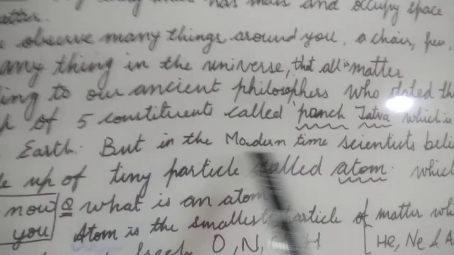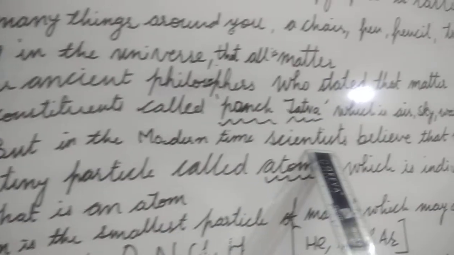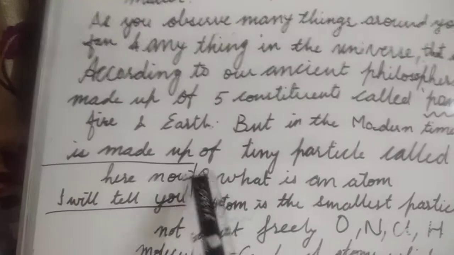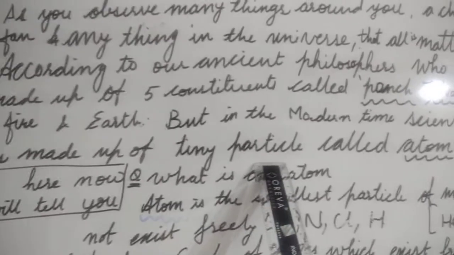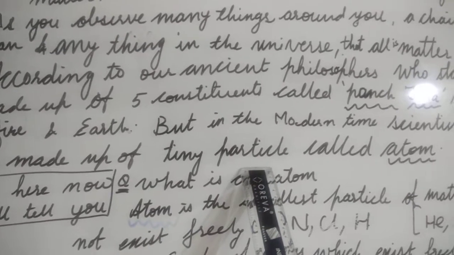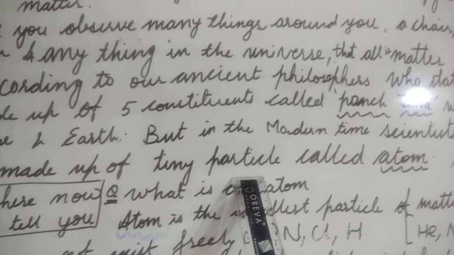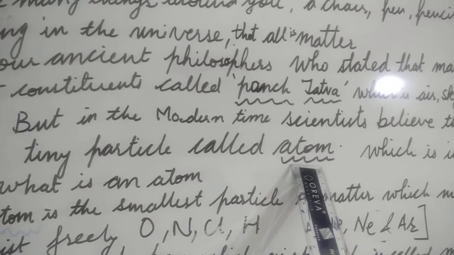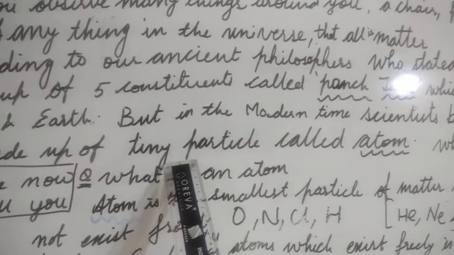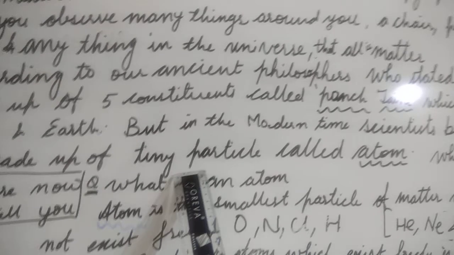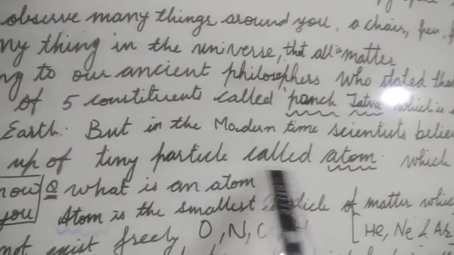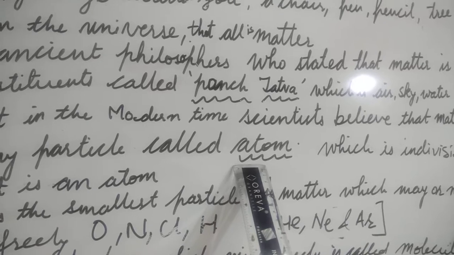But in the modern time, scientists believe that matter is made up of tiny particles, and scientists call the tiny particles as atom. The tiny particles by which matter is made up of are called atoms. What is this atom now?